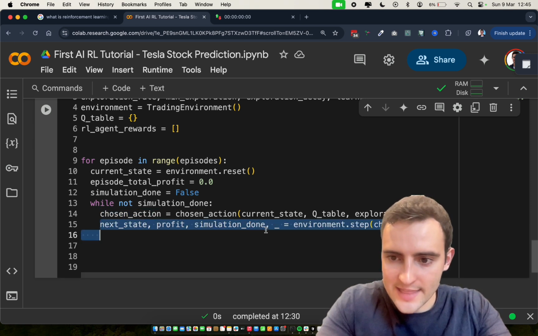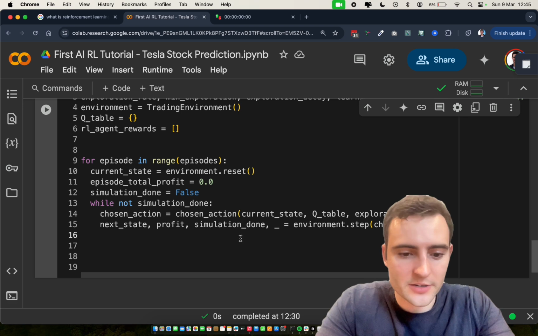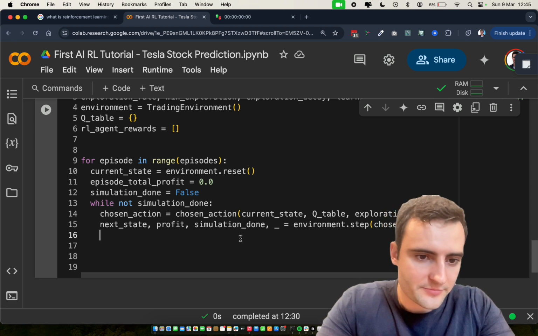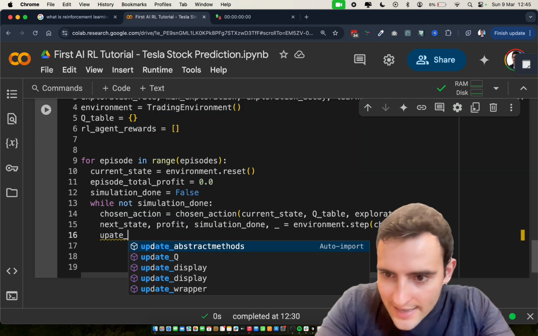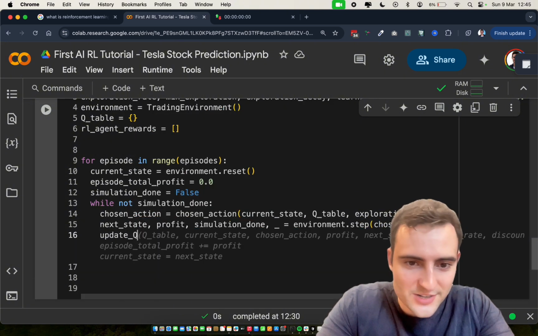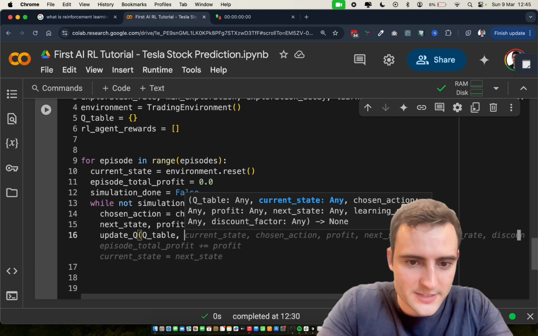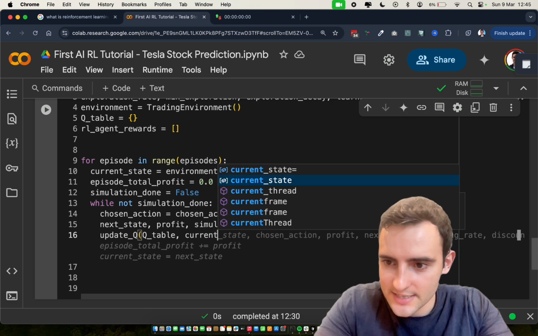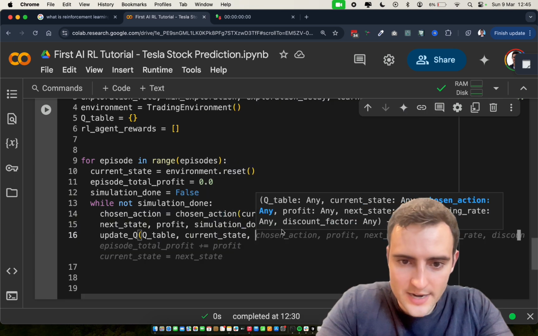Right? And then all we have to do is update our knowledge table, update_Q. And this is how we update that table of knowledge, given that we've bashed into a wall here. And we do current state, Q table, current state, chosen_action.